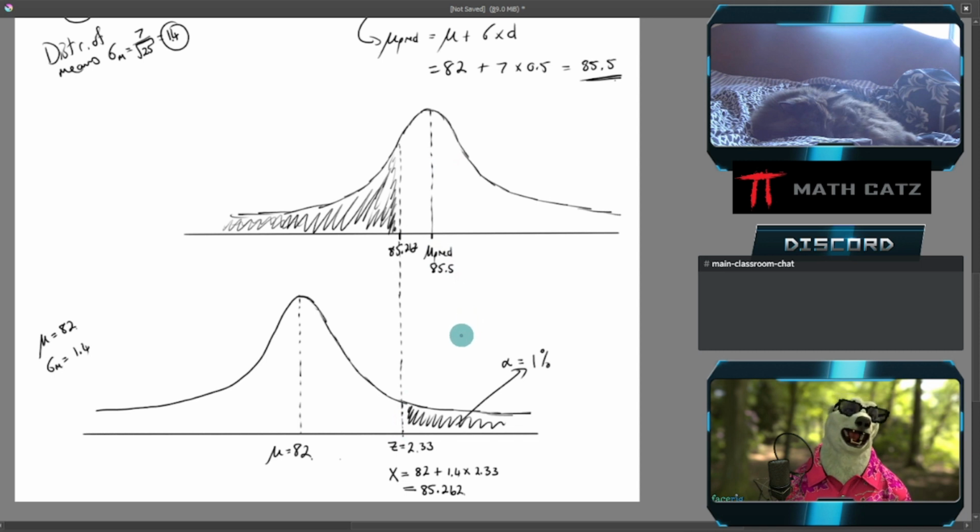This is different when I talk about the type 1 error, which is the probability of rejecting the null hypothesis when it should be rejected, right? Then I am looking at this distribution. The type 2 error is when the null hypothesis is true, I am on this bottom distribution.